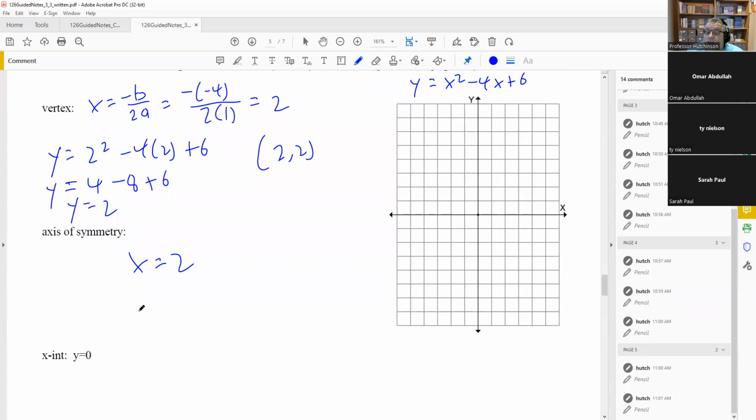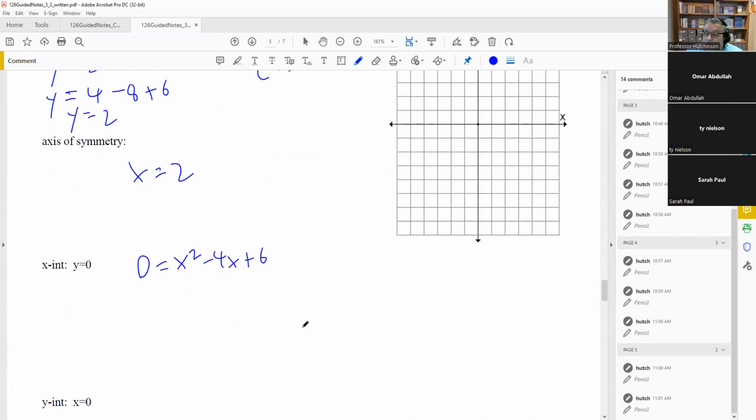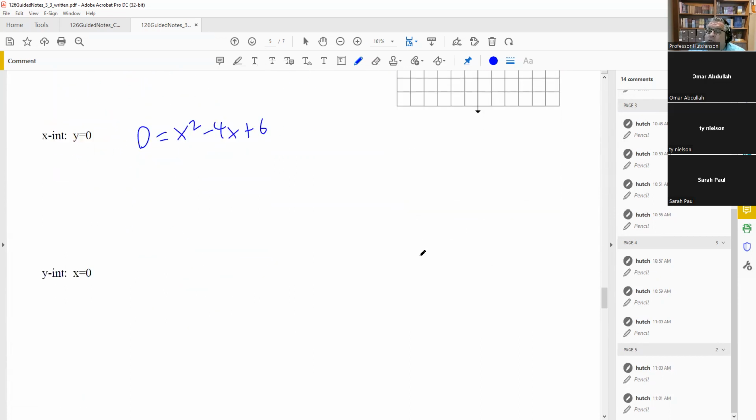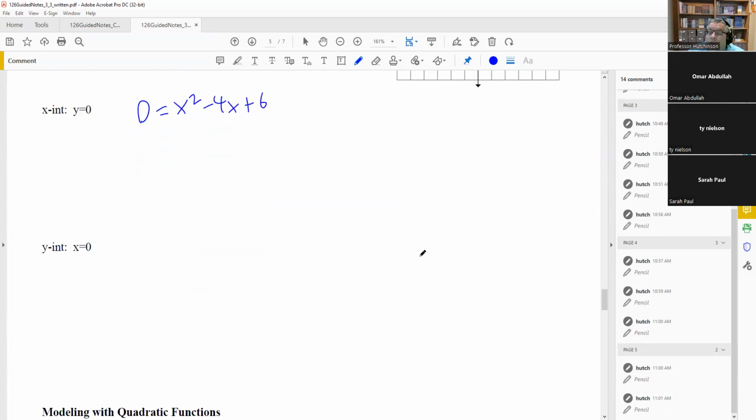We want to find the x-intercept by putting a 0 in for the y. So that would be 0 equals x squared minus 4x plus 6. Now, unfortunately, on this problem, we don't have something that can be factored. Numbers that multiply to make 6 and add to be negative 4, you're not going to find a pair of numbers that does that.